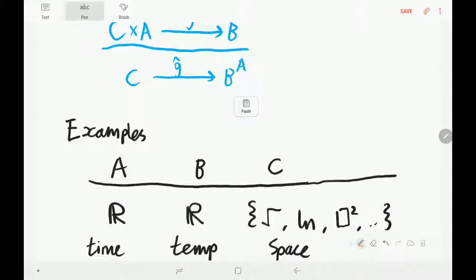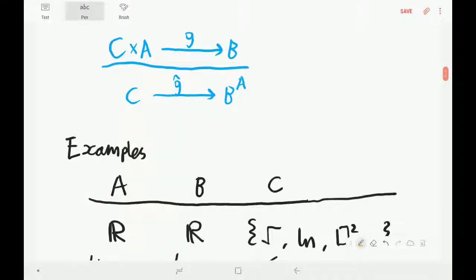Then we can think of G as a mapping from space and time to temperature. That makes sense, doesn't it? I mean, if you have a point in space at a particular time, that'll have a particular temperature. So suppose G gives us that.